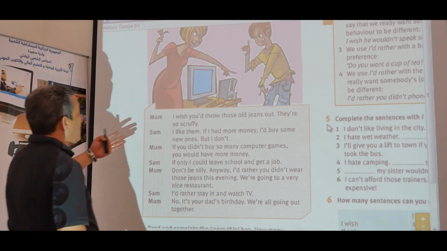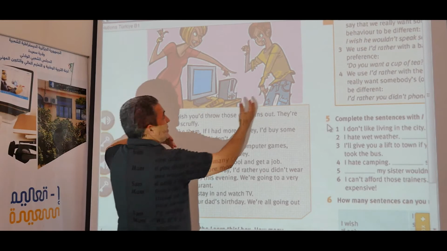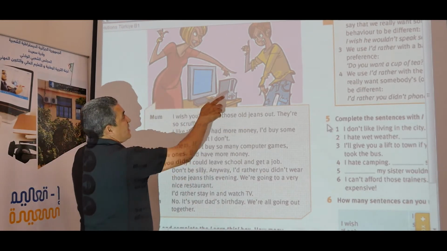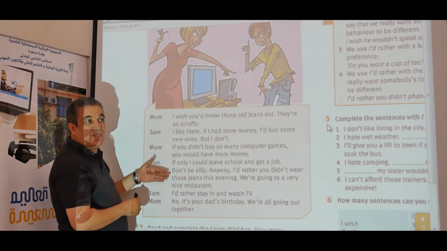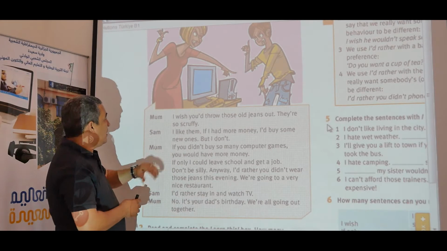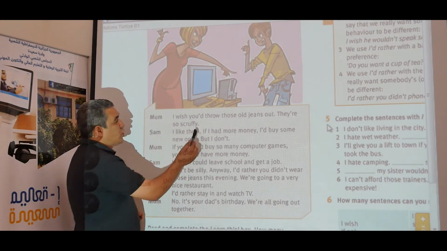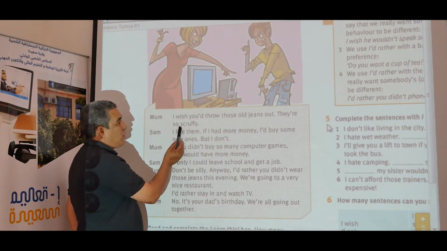Now, the mom and the son. The son's name is Sam. So here's the conversation that's going on between the mom and the son. Now look, "Mom, I wish you'd throw those old jeans out. They are so scruffy."